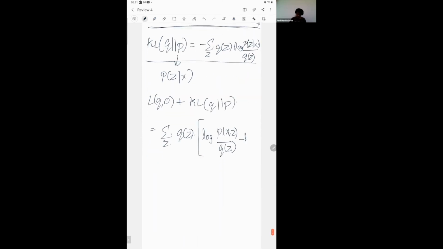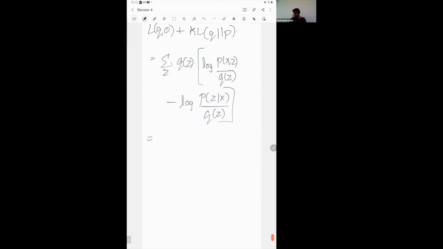minus log of, and then this thing would simply become summation over z of q of z, by property of logarithm, p of x comma z over q of z times q of z p of z given x.